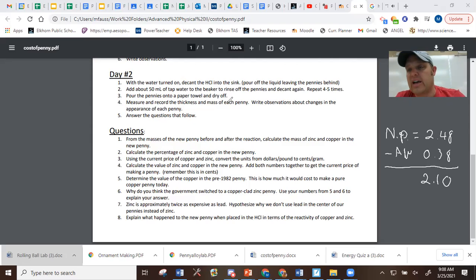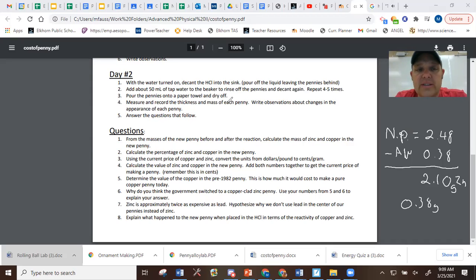Could we still see the copper, or could we still see the zinc? We could still see the copper. So that 2.10 is our zinc. And what we weighed out, what was left, 0.38, that's the copper.